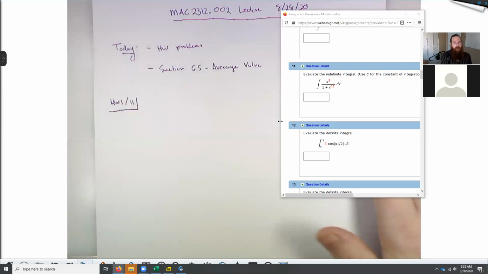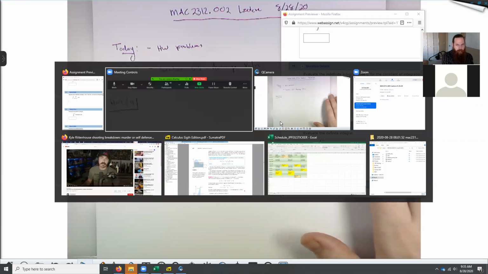So this is homework 1, problem 11. Here we want to integrate, and it's an indefinite integral, the function x to the 5 over 1 plus x to the 12.